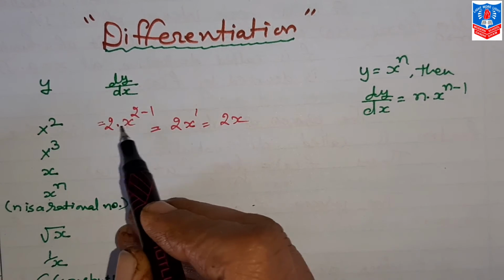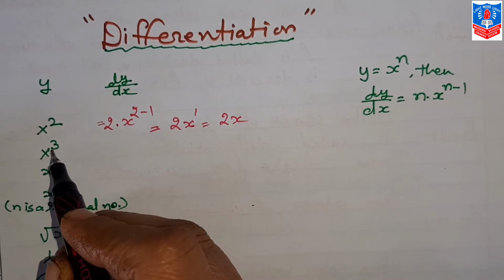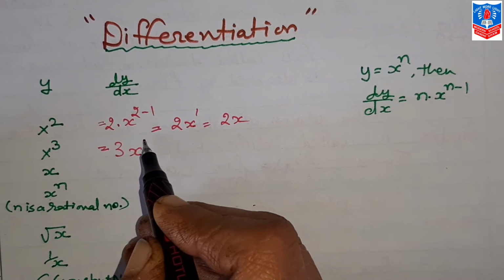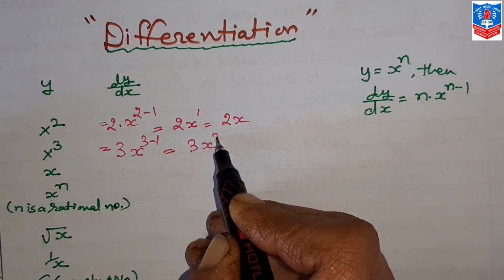So x square, derivative of that will be 2x. X raised to 3: now this will be 3 x raised to 3 minus 1. So this will be 3x square.